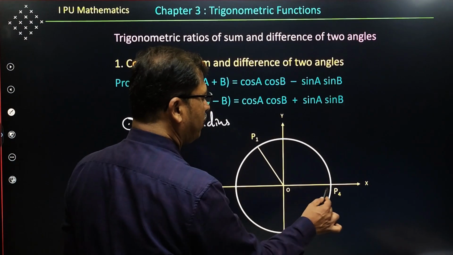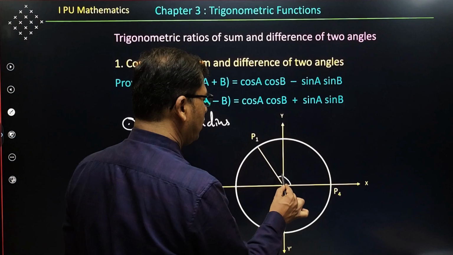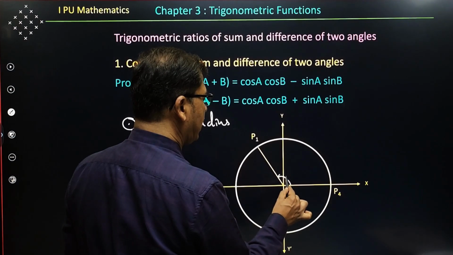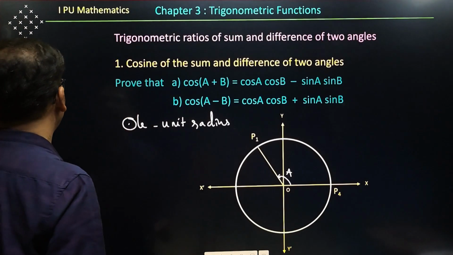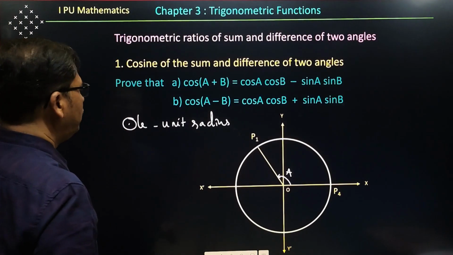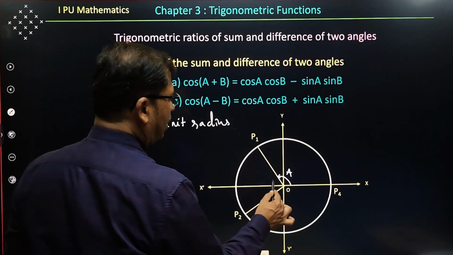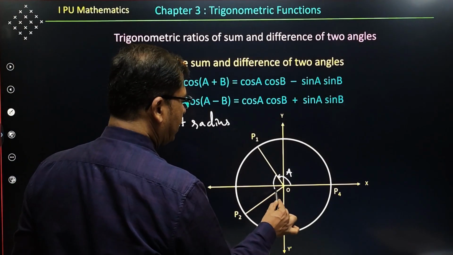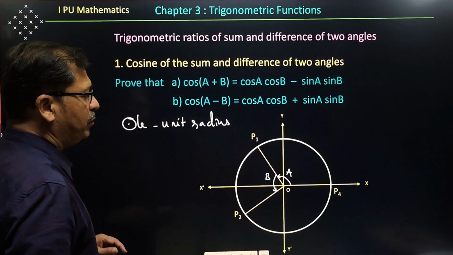I am marking actually P4O P1 or P1O P4. This is equal to angle A here. This is angle A. Next, I would like to take into consideration another point, say P2, such that P1O P2, this angle is equal to B. Okay, this is the second one.